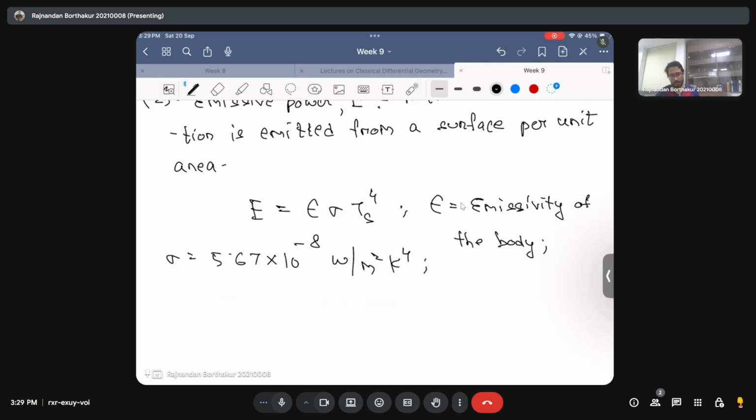Okay, so I hope you can realize that this emissive power is not a function of the incoming radiation. It has nothing to do with the incoming radiation. Rather, the emissive power of a body is just dependent on its particular temperature.